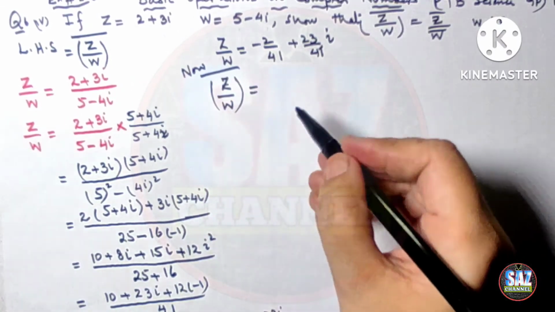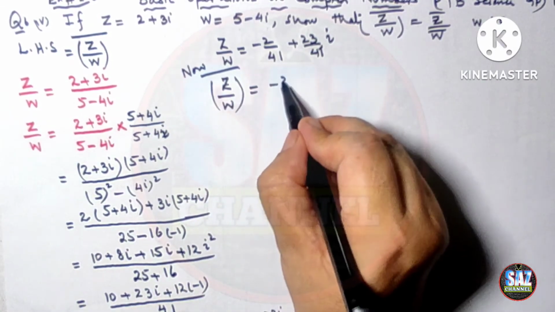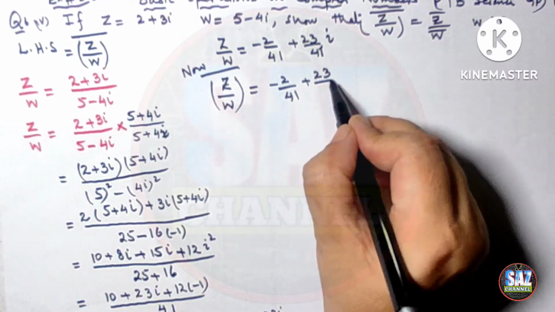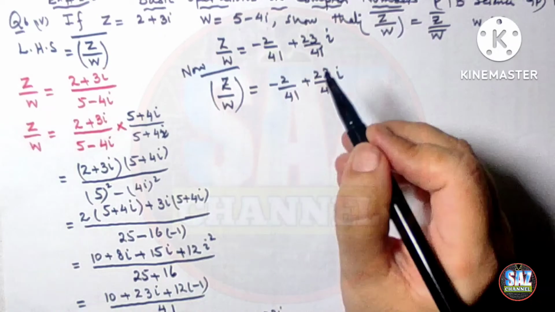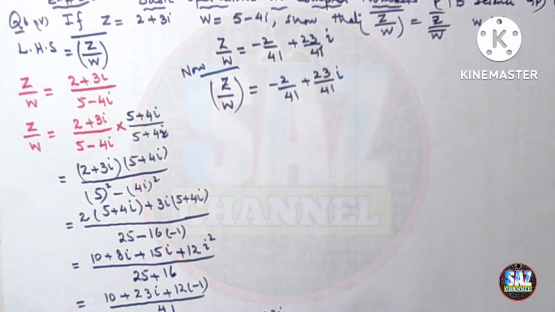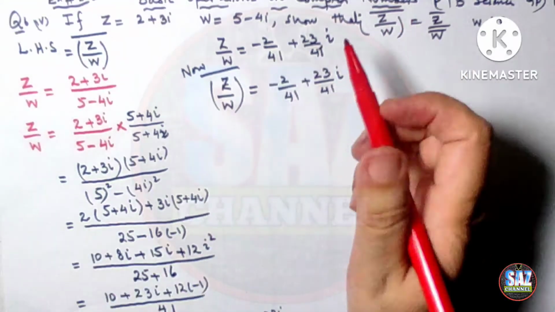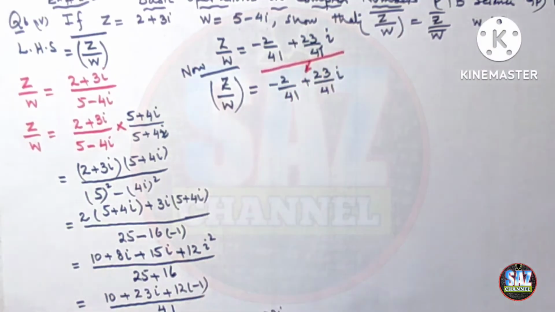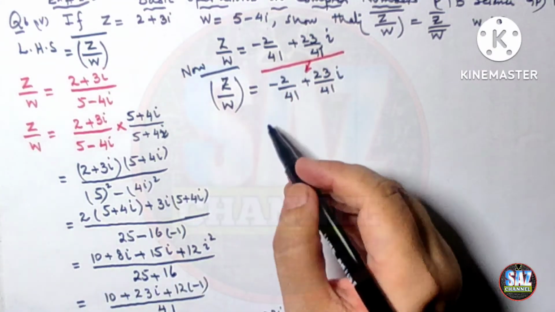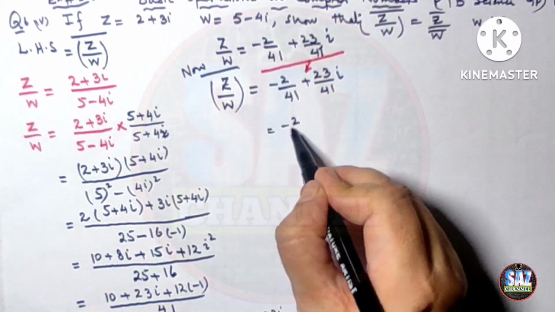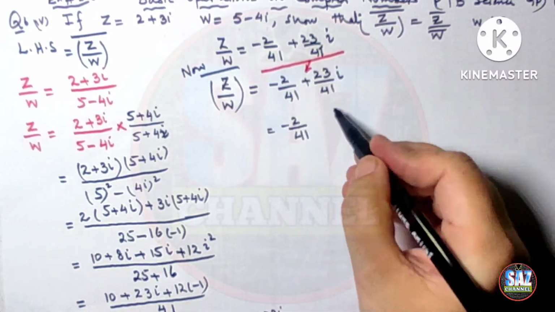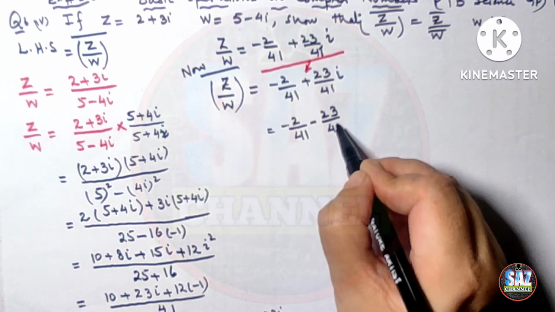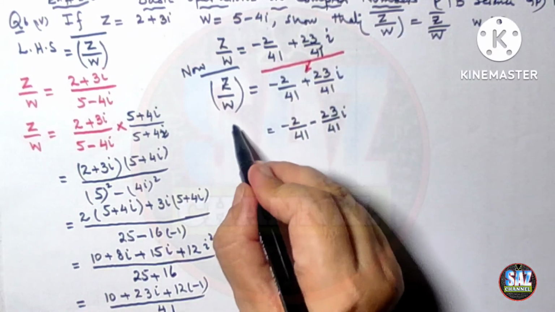(Z/W) whole bar minus 2/41 plus 23/41 iota, and I have to place the conjugate, I have to place the bar, and the change and effect of bar will be coming at what place? On the imaginary part.